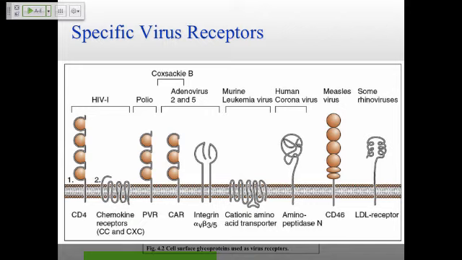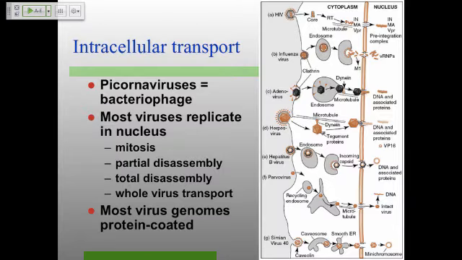So CD4, poliovirus receptors, Coxsackie adenovirus receptors, integrins, they're all things on the outside of the cell which bind to things. And what kind of structures do they often have? Immunoglobulin-like folds, because immunoglobulins are also really good at binding things. But again, it's not just those. You have some of these other proteins as well. And we'll talk much more about these when we talk about the individual viruses a little bit later on.